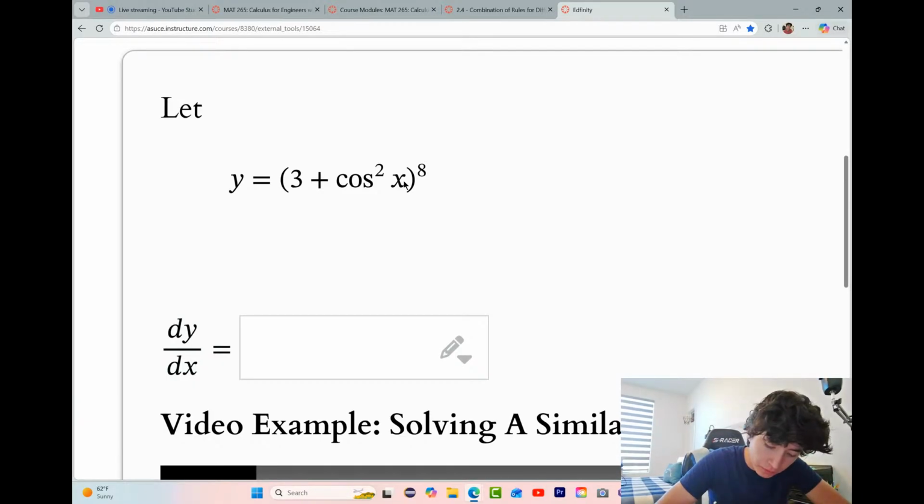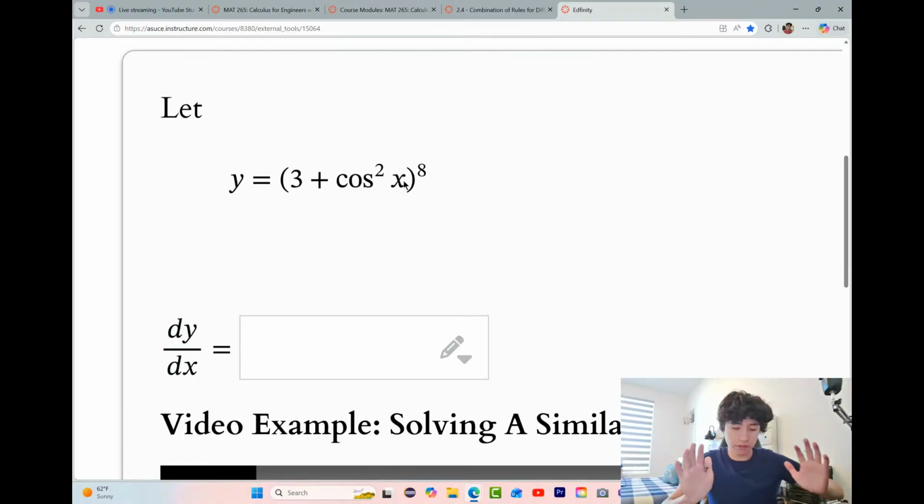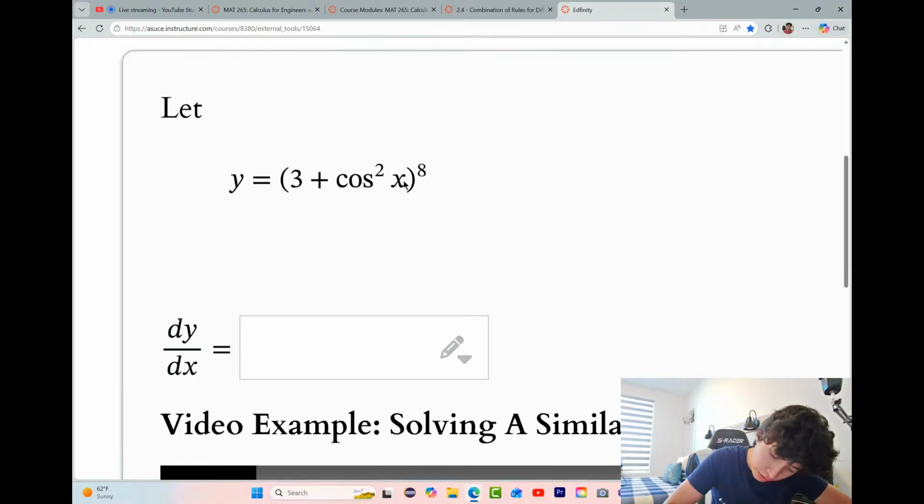So we have the derivative of the inner function, the derivative of cosine of x, that's negative sine of x, times 2 times cosine of x. Oh, just that. Okay. So we have negative 2 sine of x cosine of x.